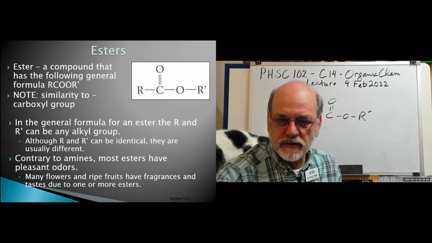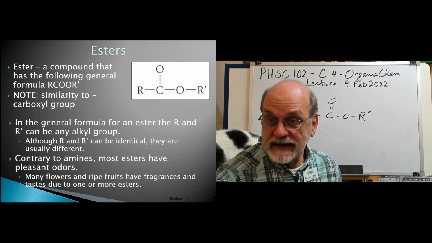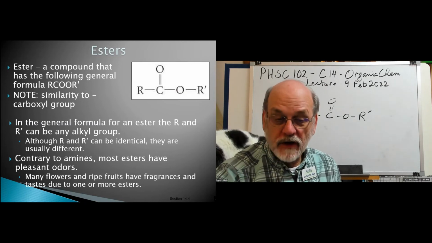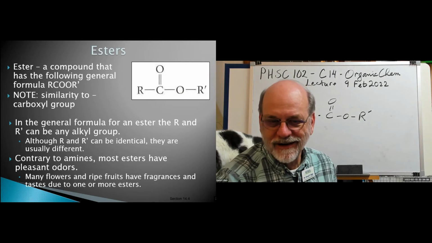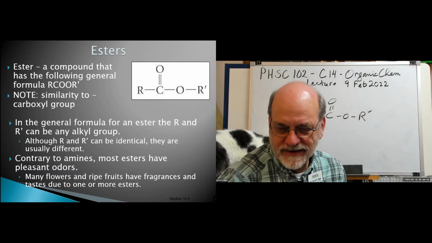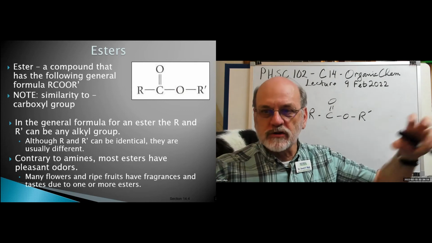So these ester bonds, you can find them in nature, but you can also find them in the garment store or in the carpet store. Polyesters are based upon the ester linkage to form long chains.